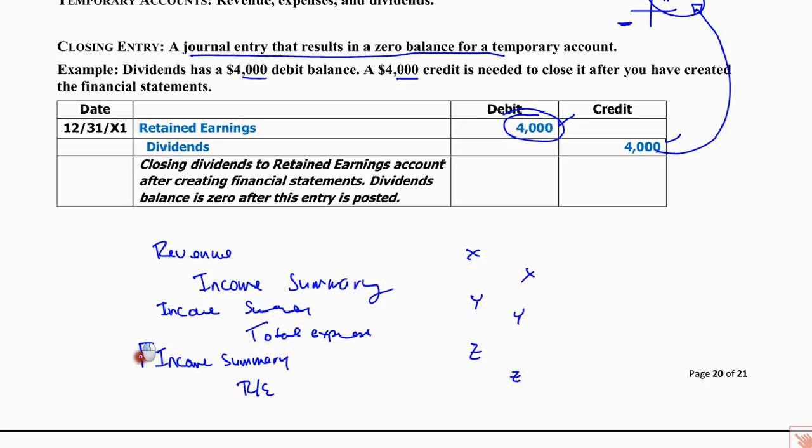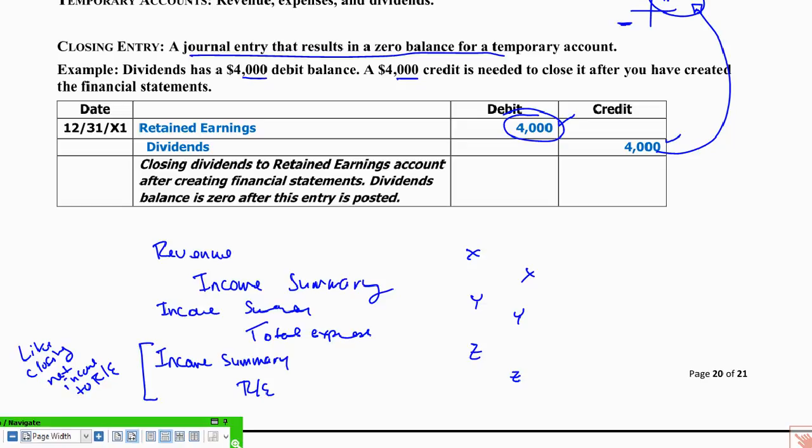Okay, so this would be like closing net income to retained earnings. In your textbook, they give you an example where they close it all to retained earnings, that's okay.